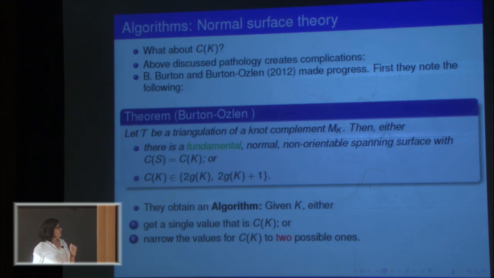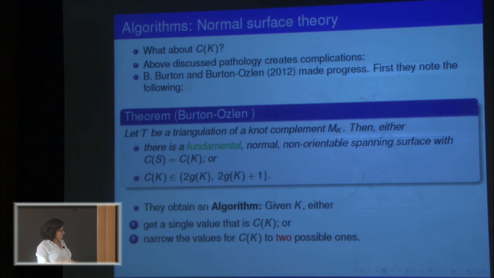And then when you try to make it fundamental, an extra complication arises. So the best that Burton and Ozlen could do is to say, here is an algorithm, and if it spits out one number, then this is your non-orientable genus. If it spits out two numbers, these are your choices.